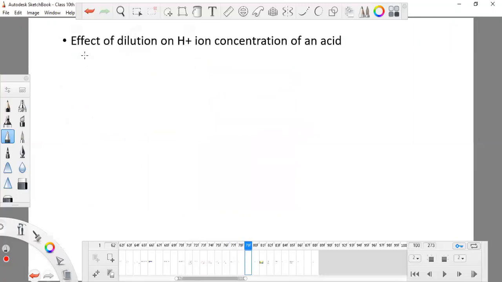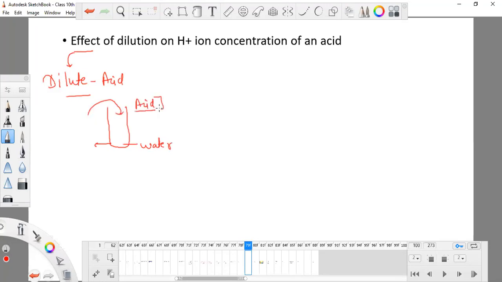Now I'm moving to another point, and here I want to check something. I want to check the effect of dilution on H plus ion concentration of an acid. Now what does it mean? It means the effect of dilution, as we want to dilute an acid, so what we do, this is water and we pour acid here.